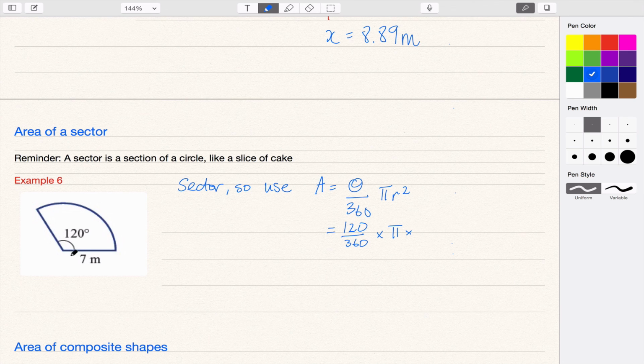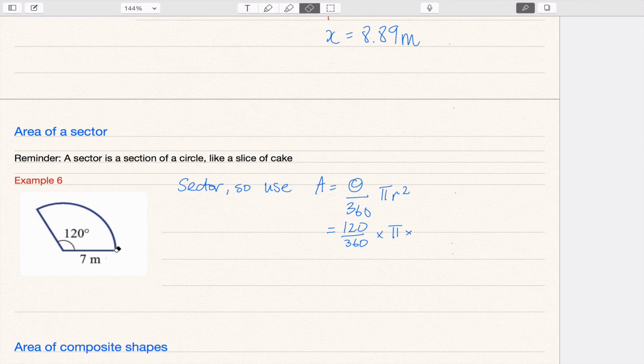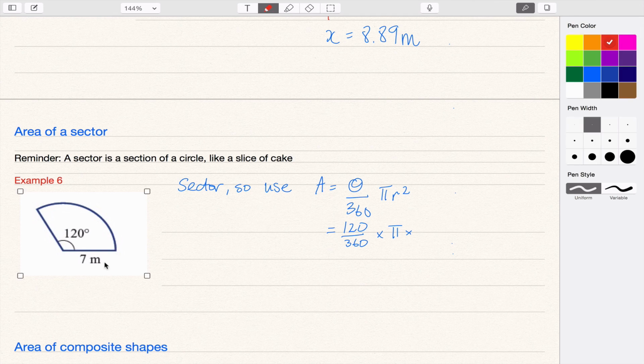And r is here, 7 meters. Might just label these. Oh, that's a terrible looking R. R and theta.